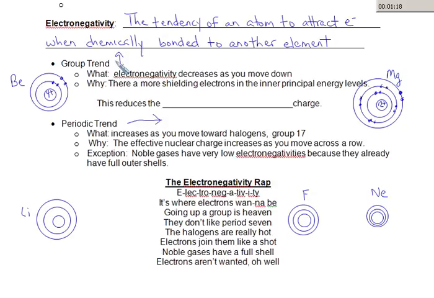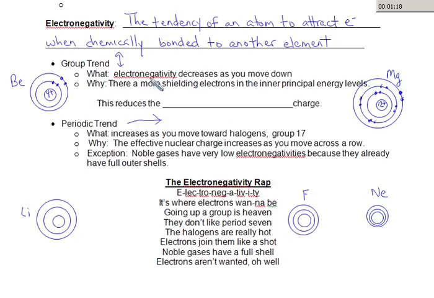The electron can either come over here to beryllium, or the electron can come over here to magnesium. Now, a free electron wants to get as close to the nucleus as it possibly can. So where it can get as close to the nucleus as it possibly can is in beryllium, because there it's going to be in the second principal energy level, whereas if it's going to the third principal energy level, it's going to be farther from the nucleus.